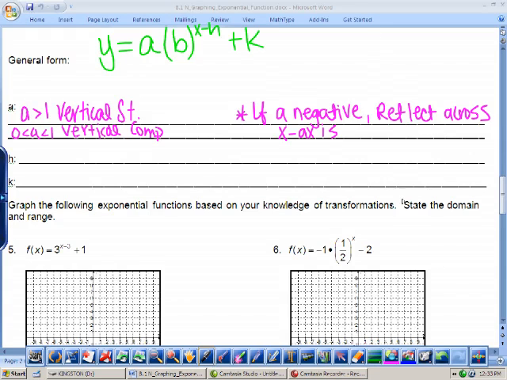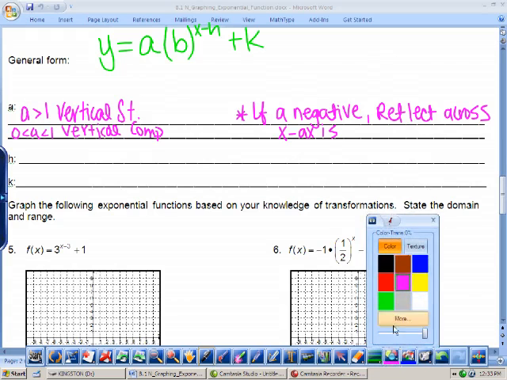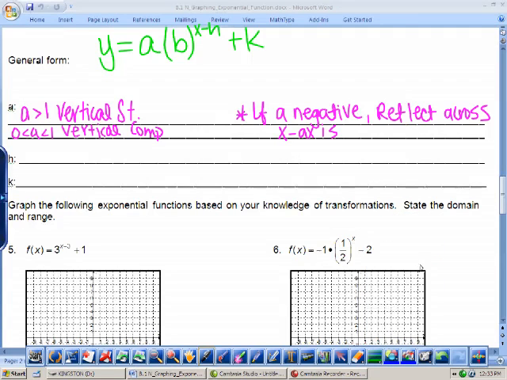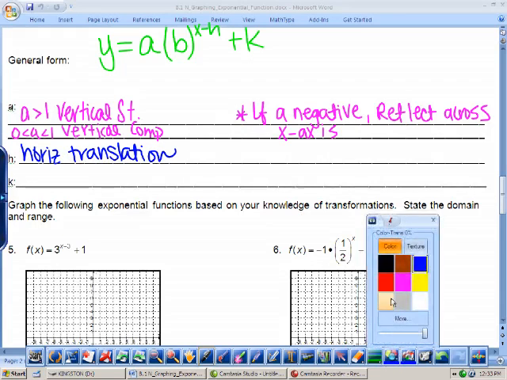Okay? What does the H do? Move it over. Let's be a little bit more technical than that. Okay, so horizontal translations. Okay, and what about K?